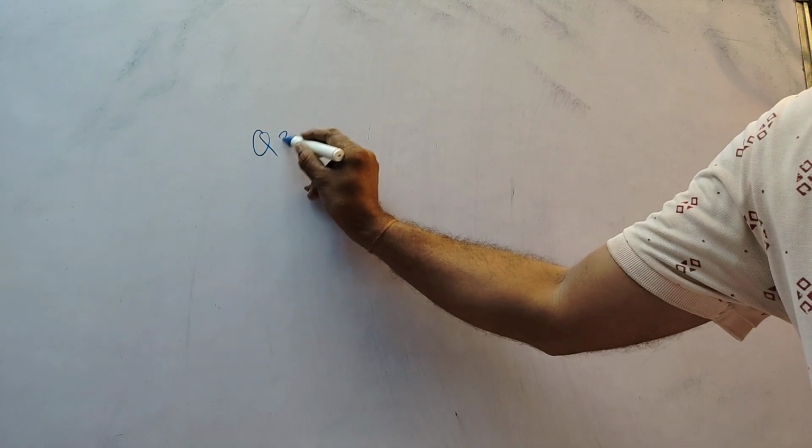Next, come to the 34th. The question is, if the arms of an angle on paper are decreased, the angle decreases.